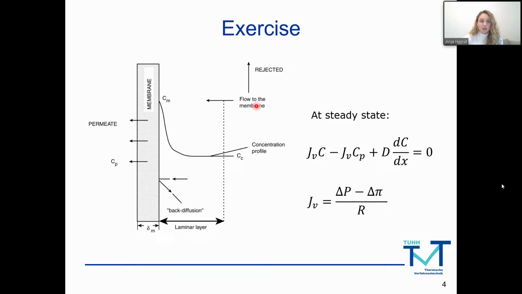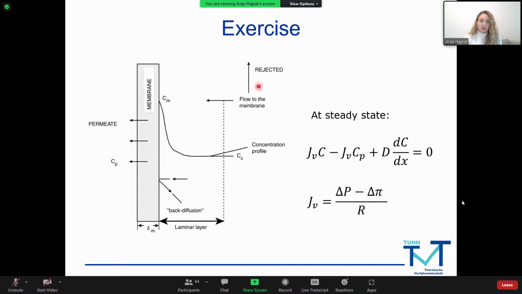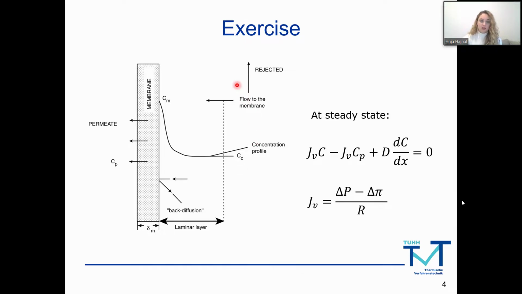So what it is showing is, this is our membrane, and here we have a flow in a crossflow operation. The concentration inside the tube here is termed as CC. So we have one concentration in our feed.